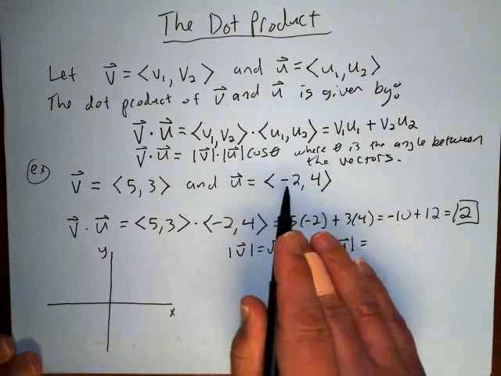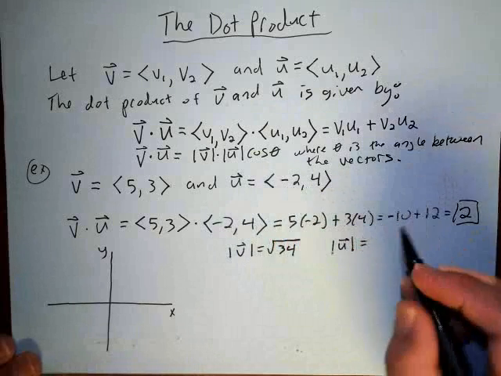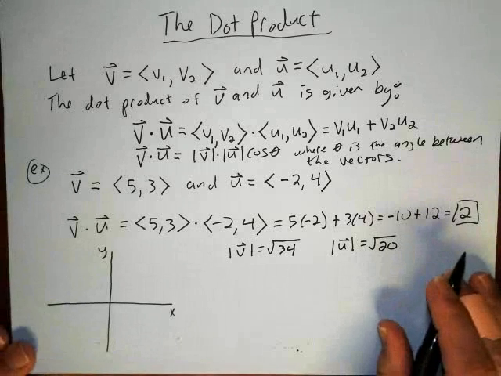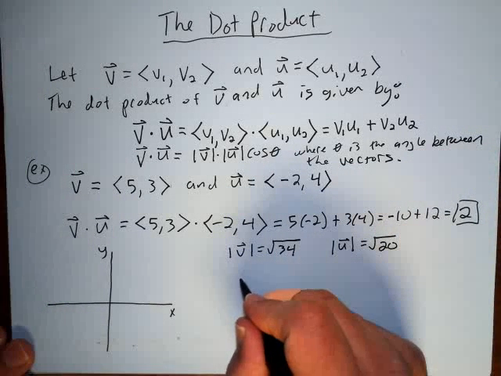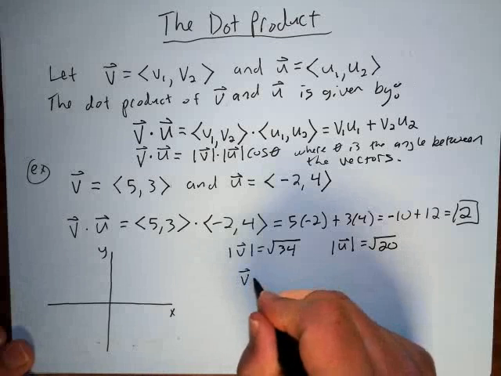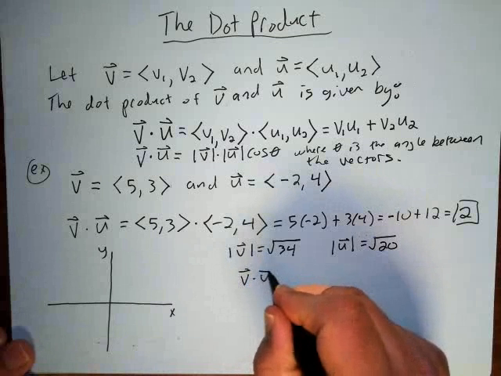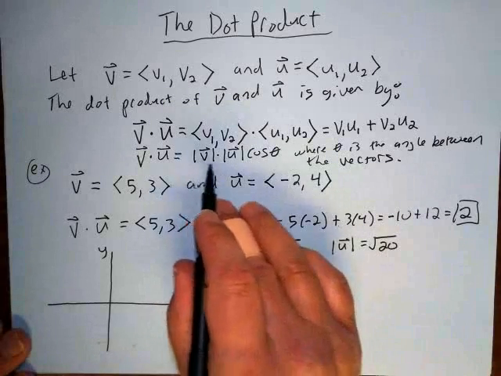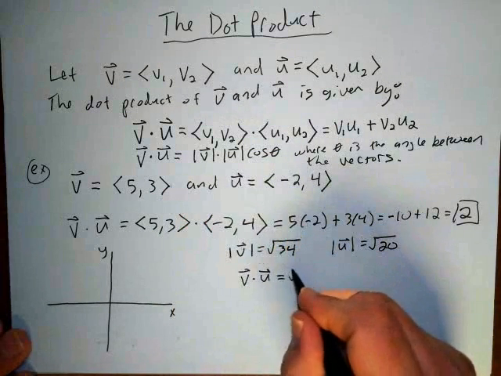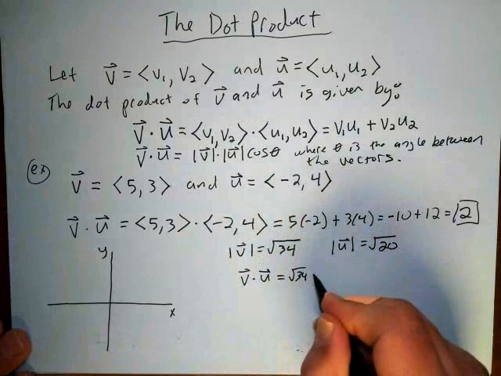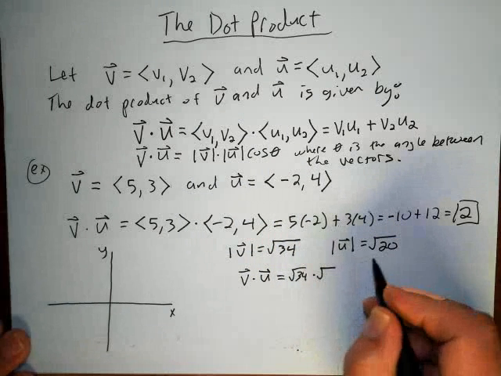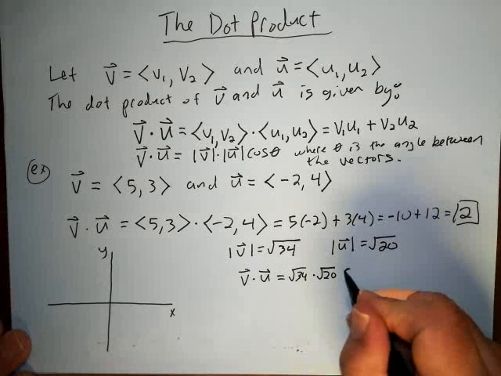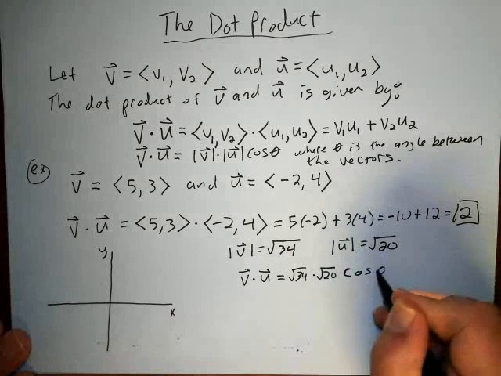Okay, this would be 4 plus 16, so that'd be the square root of 20. Okay, so what this means is that v dot u is going to be equal to the product of the two magnitudes, so that'd be the square root of 34 times the square root of 20 times the cosine of theta.